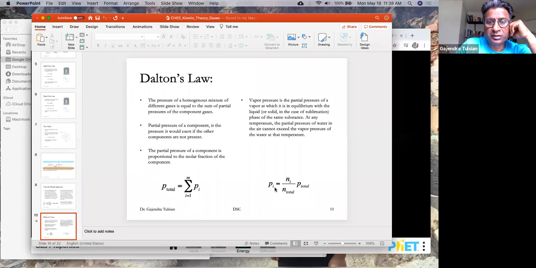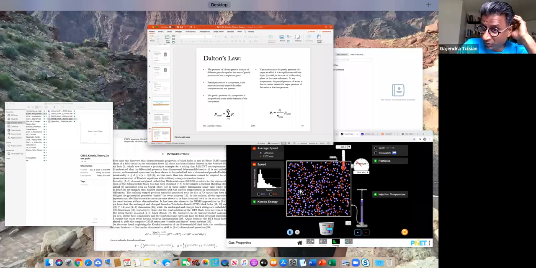The red molecules exert 1/3 of the total, which is 20 atmospheres. So the total is the sum of pressures, and the partial pressure of each gas is the fraction of the total pressure, where the fraction is just the fractional content of the molecules.